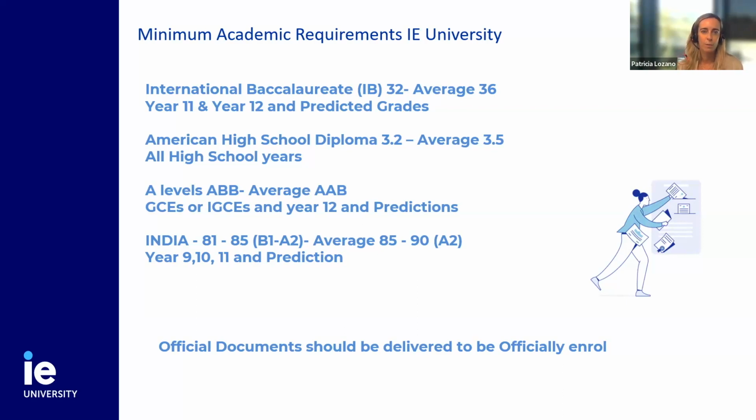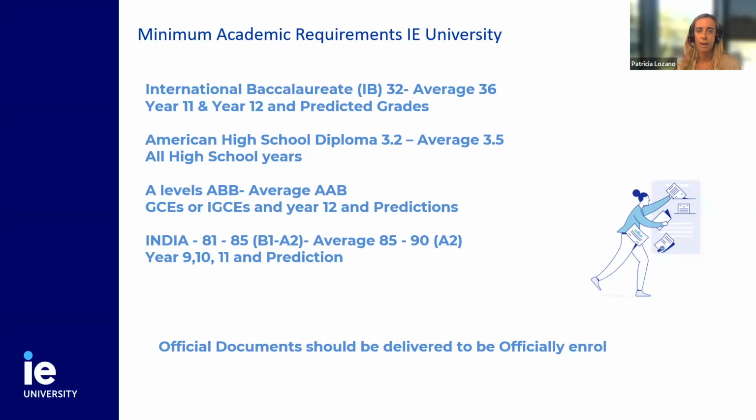A levels, the minimum that we require is ABB, and on average we have AAB. And in the Indian system, the minimum requirement would be 81, between B2 and A2, and the average is 85, 90.